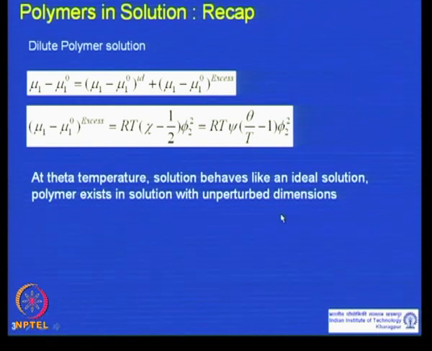So the solution becomes an ideal solution and the polymer exists in solution with unperturbed dimension. We will come to what unperturbed dimension is in the next lecture, but in brief it means as if the polymers are present as such, with no interference or interaction from other polymer molecules or solvent molecules.